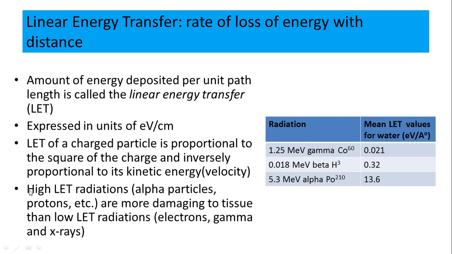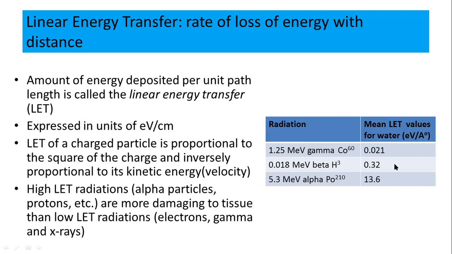The second important point is that high LET radiation, such as alpha particles, is more damaging to the tissue than low LET radiation, such as electrons, gamma rays, and X-rays. I have already discussed this in the shielding of the different radiations, and I will explain it there, but it is important to mention this point here. If it is more ionizing radiation, in the case of the alpha particles, they are going to lose more energy.